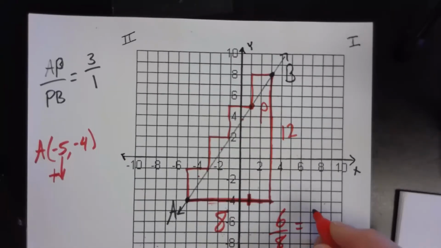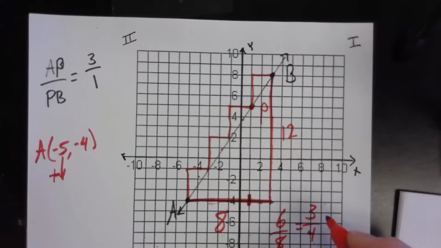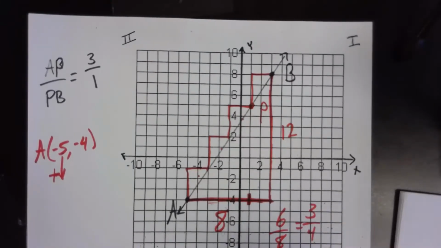Reduce that down for me. 3/4. We went 3/4 of the way over to B, didn't we? Okay, so we went 3/4 of that amount. Well, where else can we get 3/4 from?